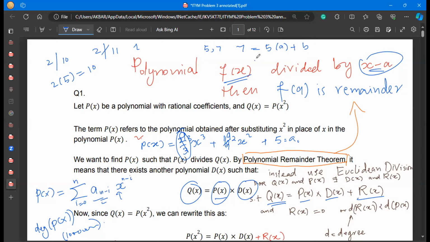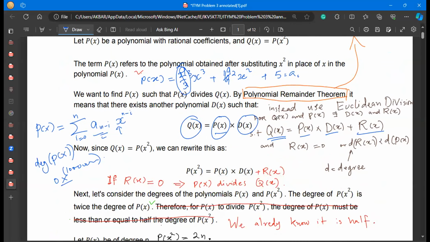In this case a is 1, because I can divide 7 into 5 times 1 plus a remainder of 2. So this is always possible for any pair of numbers, and this is true for polynomials as well. I have a polynomial q of x and another polynomial p of x. Then I can always find two polynomials d of x and r of x.